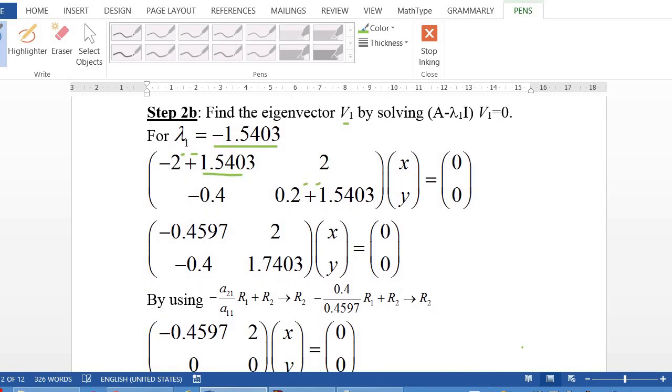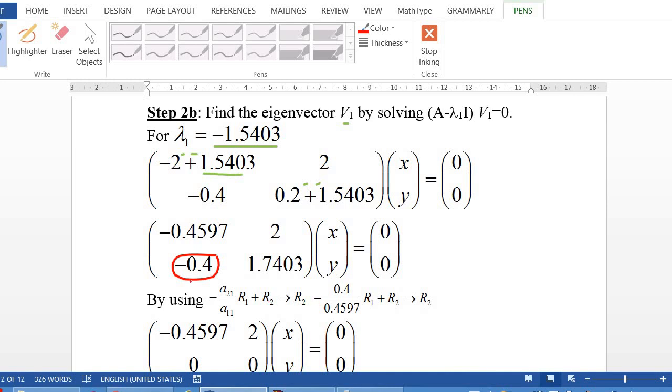We are going to reduce the element A to 1, and make row 2, column 1 become 0, using the row operation negative A21 divided by A11, multiply row 1, plus row 2, put into row 2.